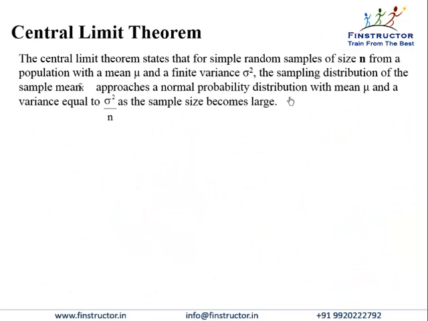What we studied is also described in the central limit theorem that says that for simple random samples of size n from a population with a mean mu and a finite variance sigma square, or a standard deviation equal to sigma, the sampling distribution of the sample mean x bar approaches a normal probability distribution with mean mu and a variance equal to sigma square by n as the sample size becomes large.